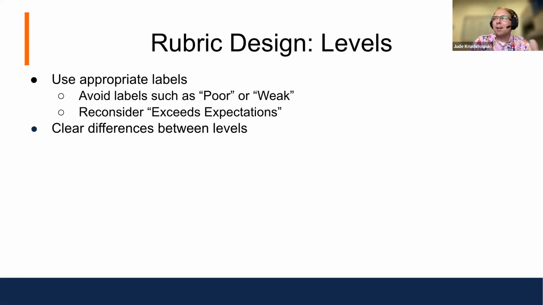However, Guskey and others have pointed out that we want to set the highest level of student achievement to the highest rank on the rubric, so that students are shooting to the highest end of the rubric. And so there are certain ways that we want to reconsider this exceeds expectations, reconsider asking students to do beyond what they're being taught to do.